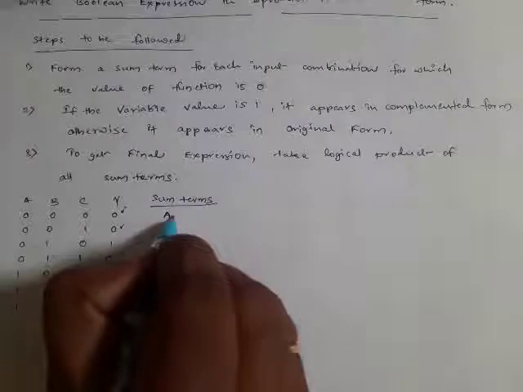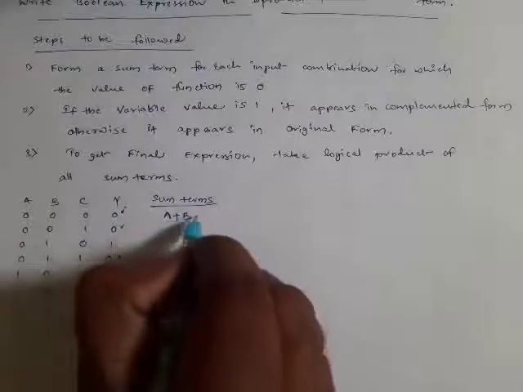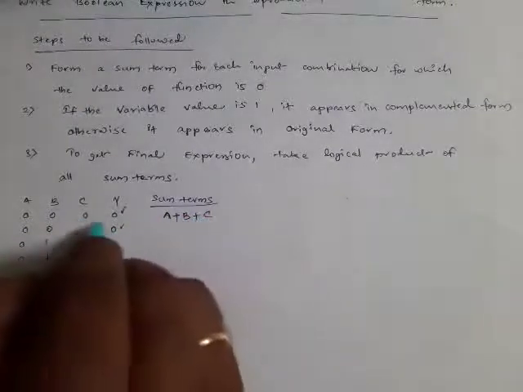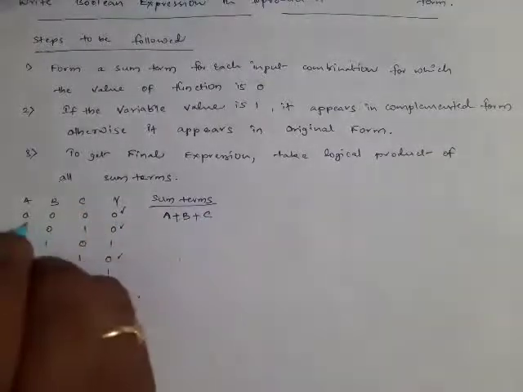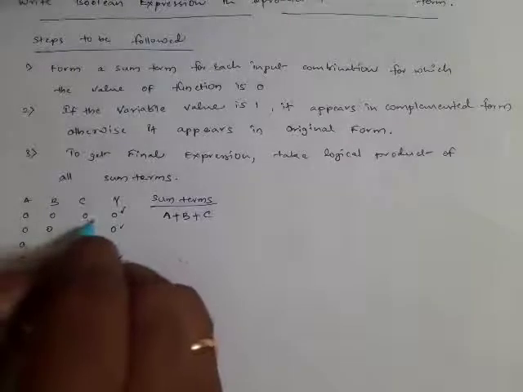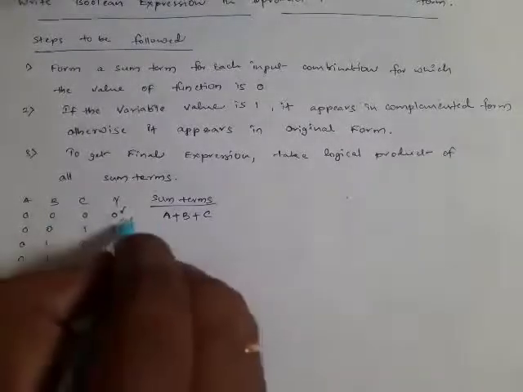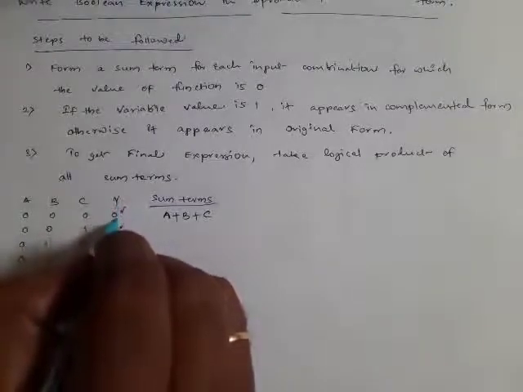It's a sum term, so write plus. And next the b variable value is 0, written in original form, and c is 0, so written in original form. So this is the sum term corresponding to the combination a equal to 0, b equal to 0, c equal to 0. And here we have written the sum term for this combination because the value of the logical function y is equal to 0.